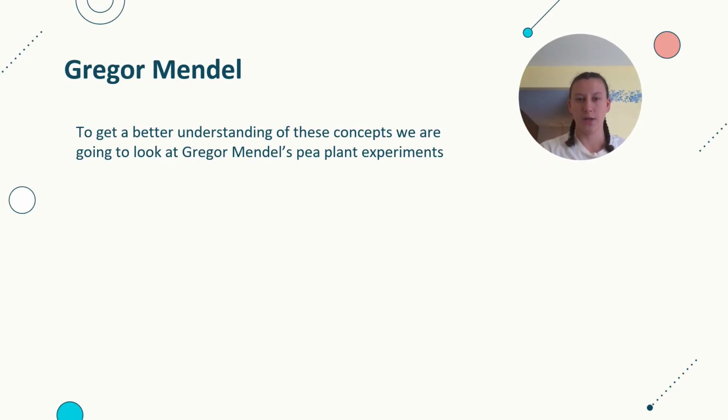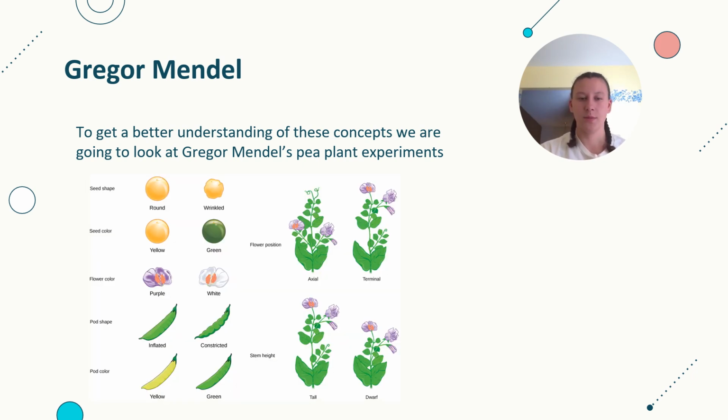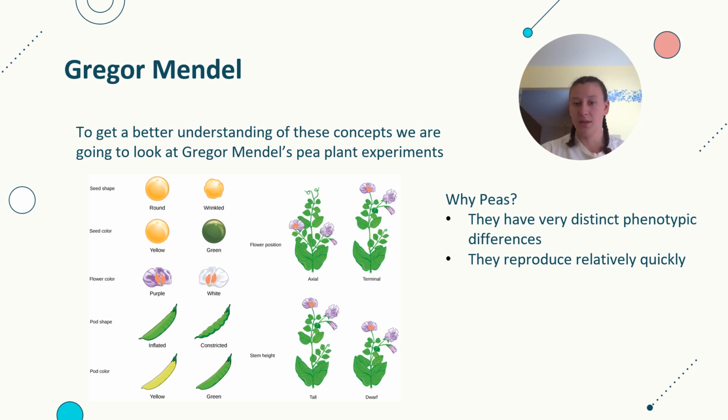But the first thing we're going to do, real quick, we're going to have a discussion about Gregor Mendel. Simply just, he is very important in the foundation of what we're about to learn. So Gregor Mendel did some experiments on pea plants, where he looked at a bunch of different traits like their seed shape, their seed color, flower color, pod shape, pod color, height, and flower position. So why did he choose peas? Well, they have very distinct phenotypic differences that you can see here.